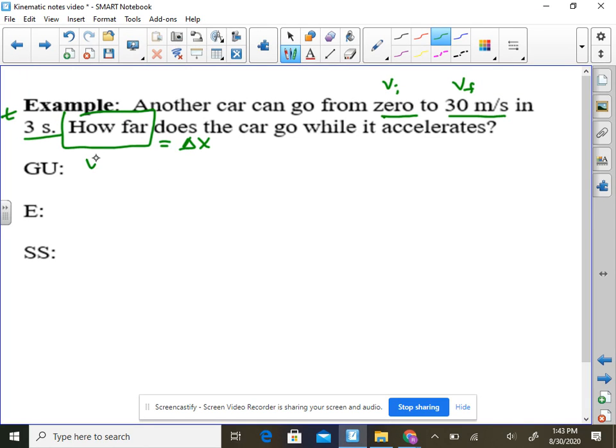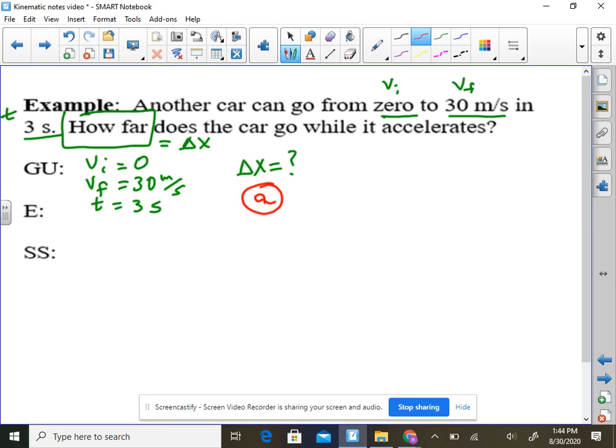So my givens are initial and final velocity and time. My unknown is displacement. So that thing that I don't know, that I don't even care about, is acceleration.